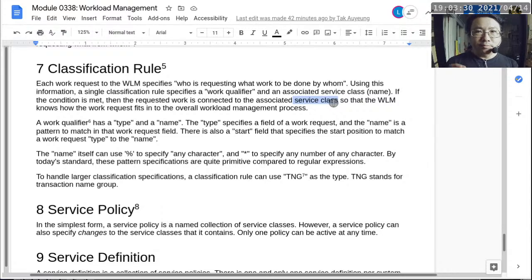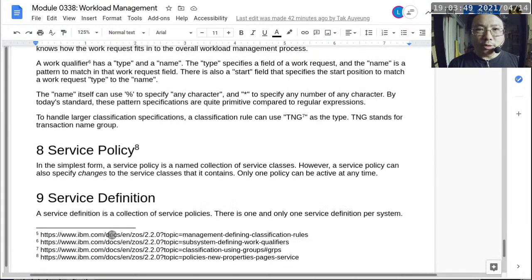So any questions about this? Is this referring to like a job? A job is one type of work request. So let's take a look at footnote number 6, because I think that will help us get an idea of how flexible each rule can be.